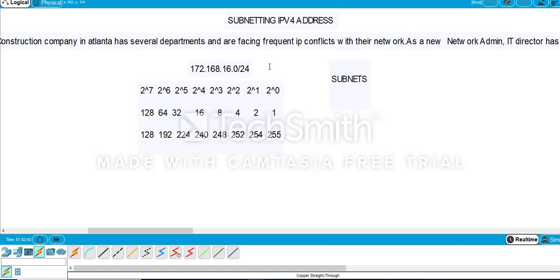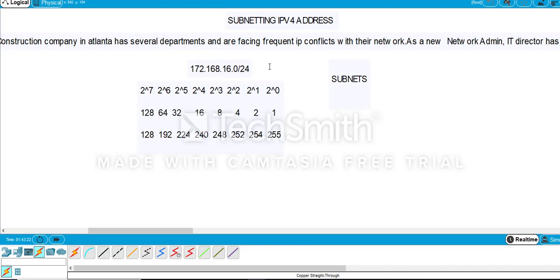So now that we know how many bits we have to borrow, knowing that the IT director has asked you to find 9 subnets, how many bits do you need to borrow to get 9? 2 raised to the power 1 is 2, that is less than 9, so that is not possible. 2 raised to the power 2 is 4, that is less than 9, so that is not possible. 2 raised to the power 3 is 8, 8 is less than 9.